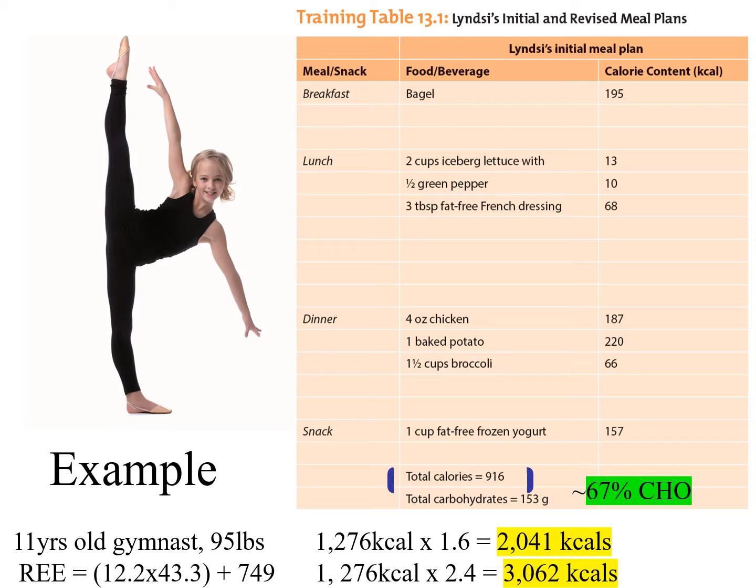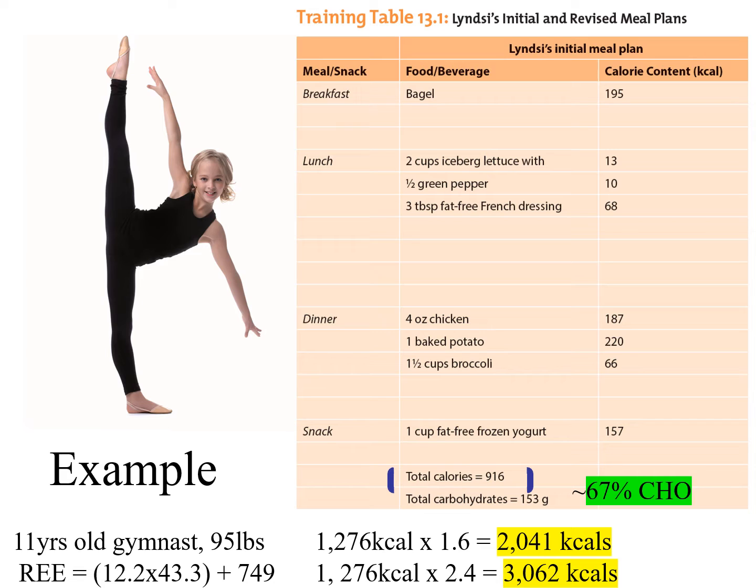And you have an 11-year-old gymnast who weighs 95 pounds. When we look at the estimation of what their caloric needs are and put it in that equation utilizing the age-appropriate calculation, and then looking at the resting energy expenditure of about 1,275 kcals, we have a range between 2,000 and 3,000 kcals, roughly.